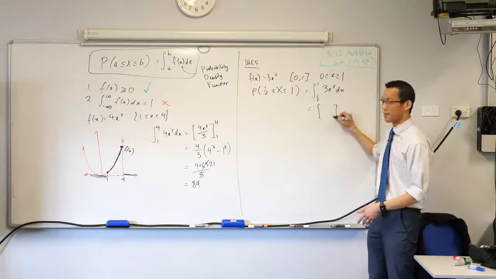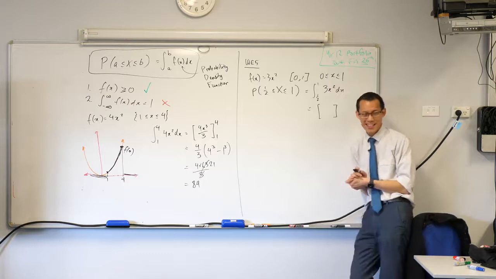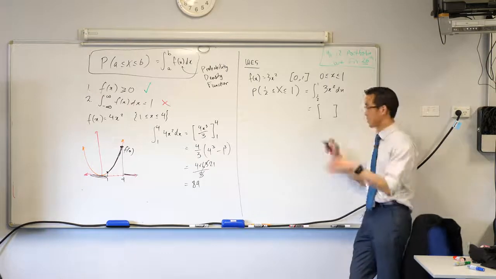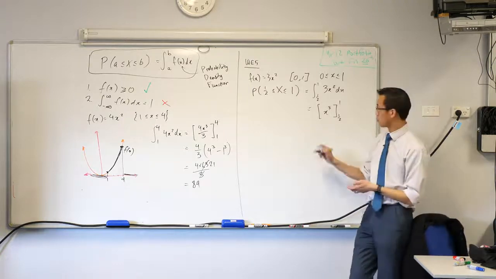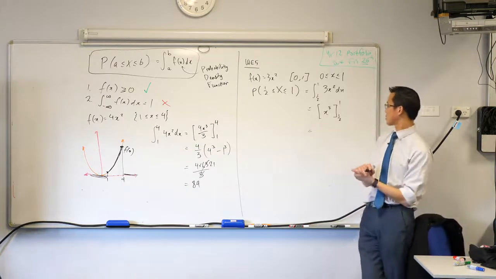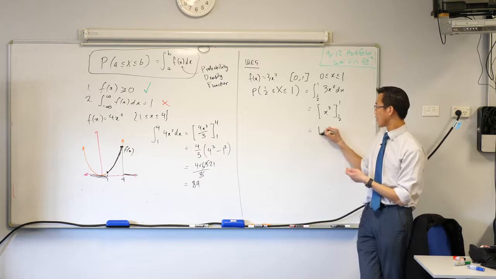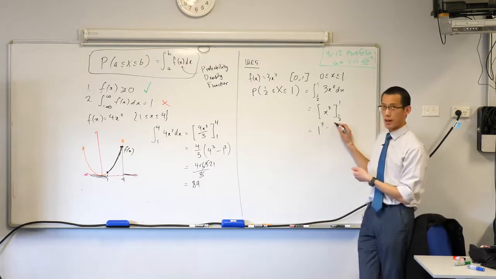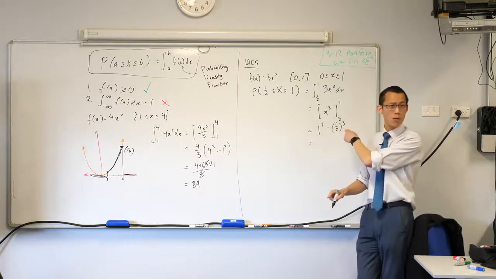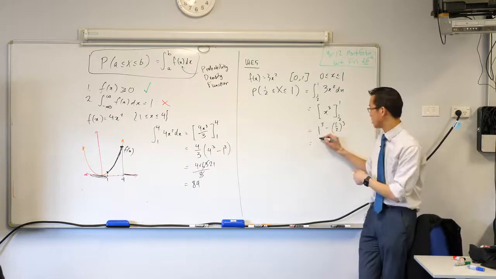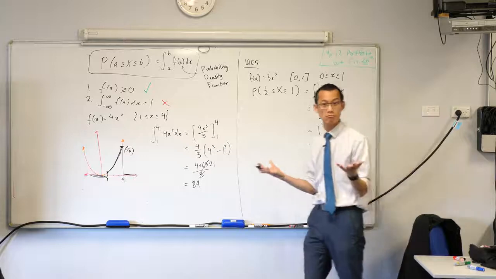So you can tell me the primitive of 3x squared, it's going to be x cubed, fantastic. Evaluate that from half to 1. Let's see here, so 1 cubed, take away a half cubed, 1 take away 1 over 8. So this is 7/8. Happy with that?